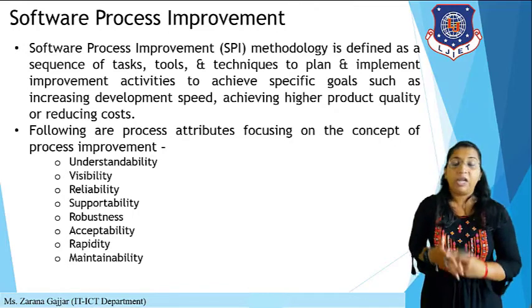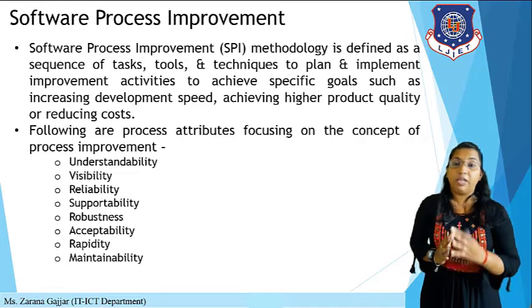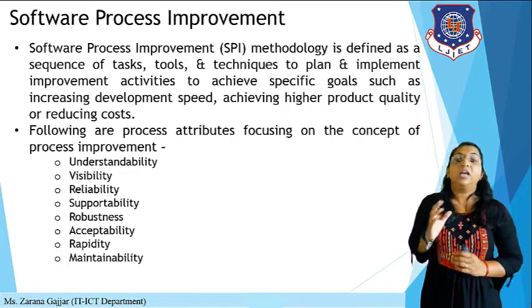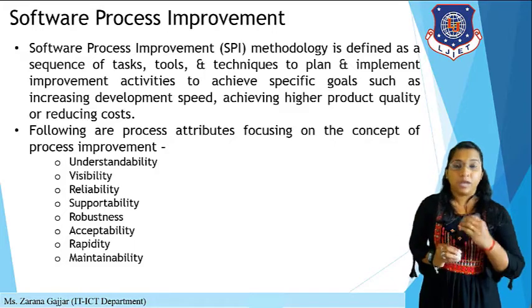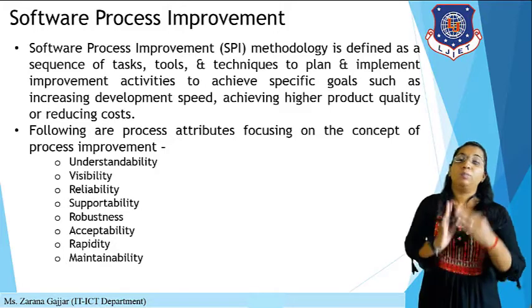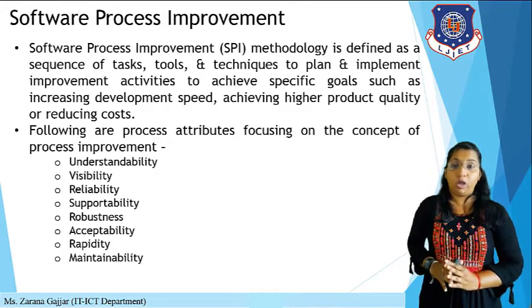There are some process attributes that focus on the concept of process improvement. Understandability: you need to understand what the market actually needs. Visibility: what is visible to the customer. Reliability: whether the product is reliable or not. Supportability: how much support it requires or will give. Robustness: whether your product is robust or not.